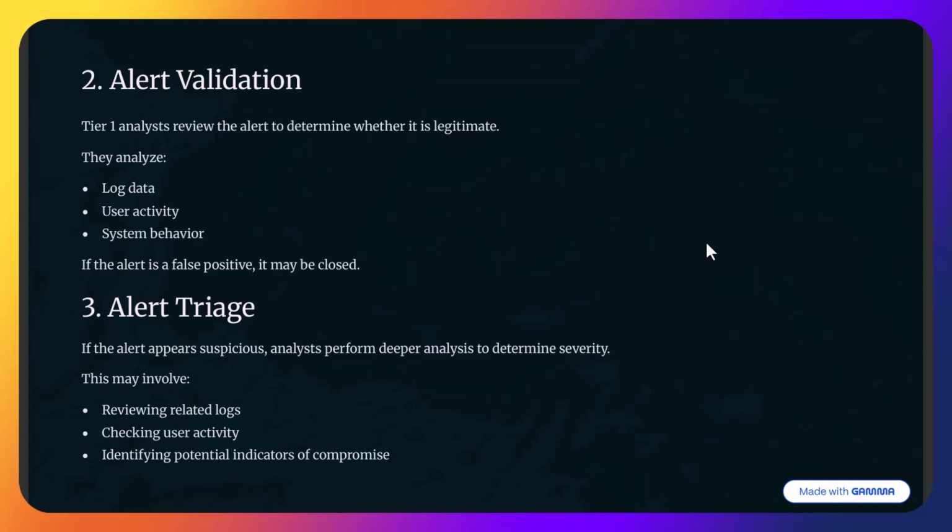In other words, the analyst must determine whether the alert represents a real security threat or just a false alarm. To validate the alert, analysts examine several things, including log data. Now, logs are records of activities that occur within systems, applications, and networks.